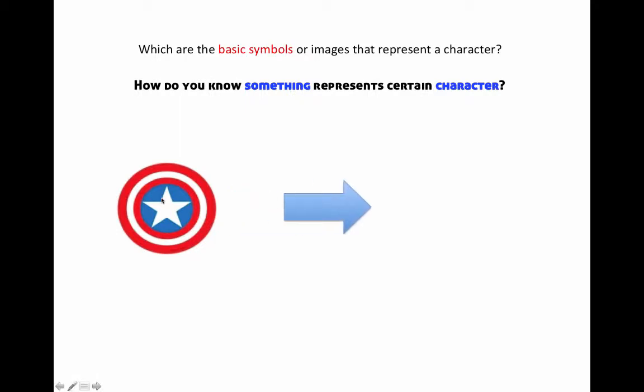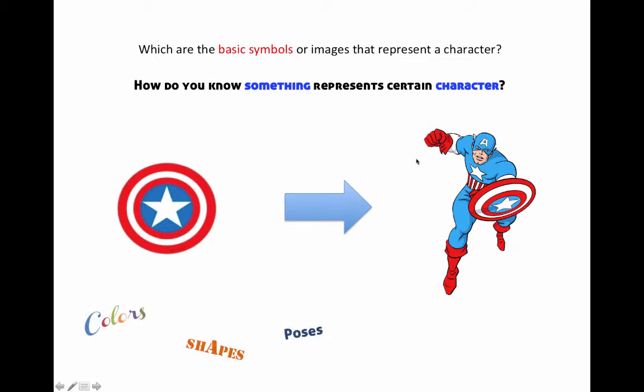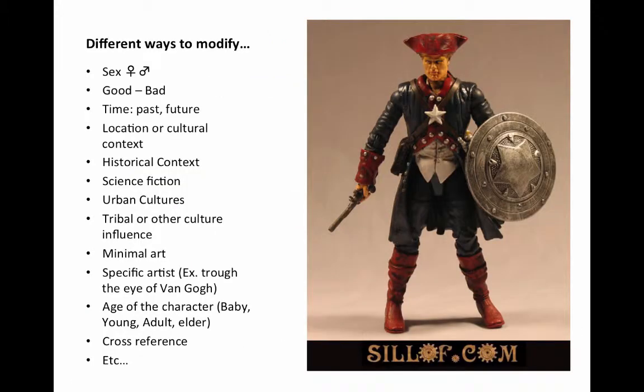So how from this little icon you represent a whole character using colors, shapes, poses, symbols, and of course the story of the character. There are different ways to modify a character and to reinterpret it. Well, we have sex, or making it a villain, or changing the time, or maybe crossing it with an urban culture, like this example.